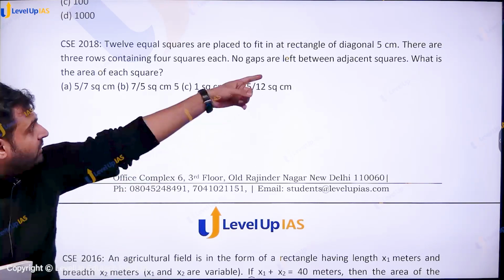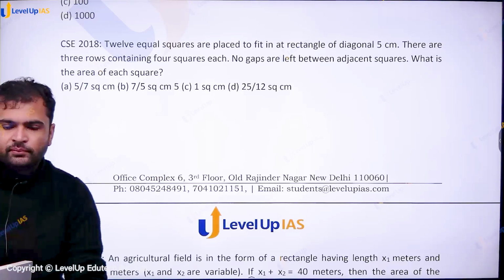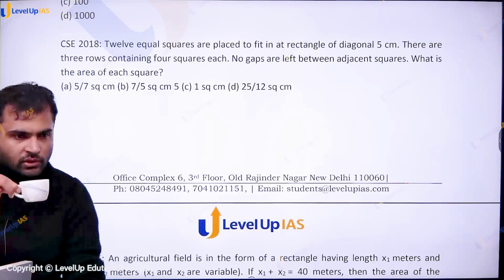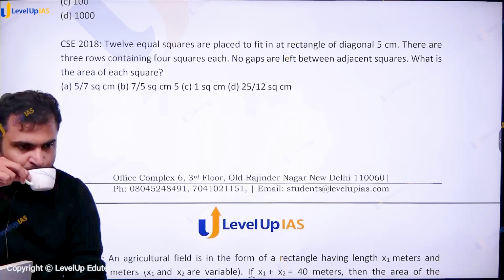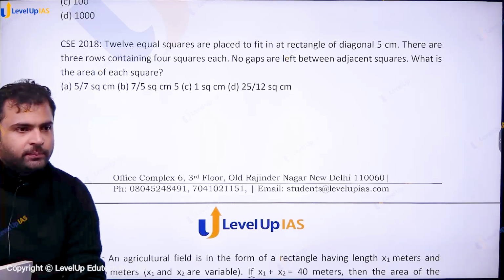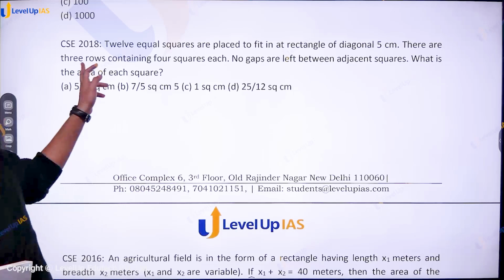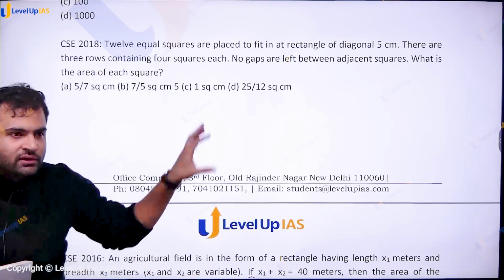Rectangle having diagonal 5. 3 rows having 4 squares each.